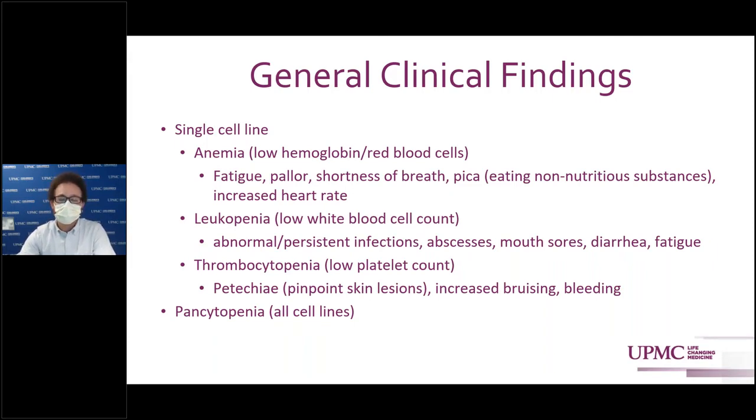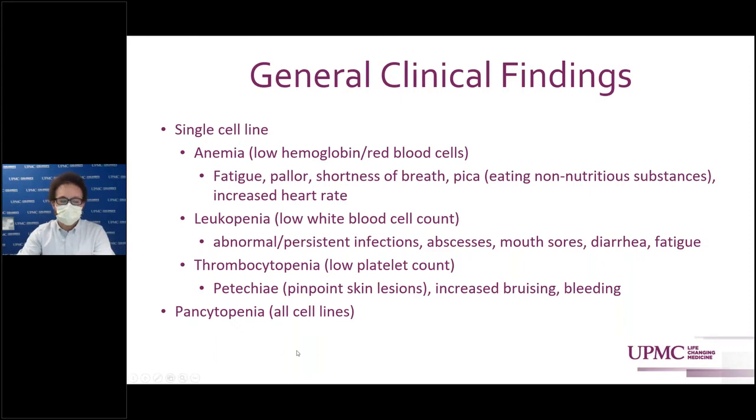Most commonly, the platelets are the cells that help you stop bleeding, help you form clots. So with low platelet counts or thrombocytopenia, you can see increased bruising, bleeding, or some of these characteristics called petechiae, which are little pinpoint skin lesions that look like a rash but aren't really. It's really kind of microvascular bleeding essentially.